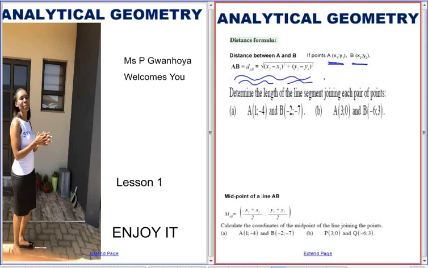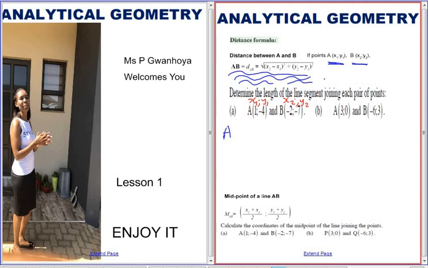So really what you have to be able to do is to see your x1 and y1 and your x2 and y2. So for this particular first example, just so we can see if you remember these things, we're going to call these our 1s, and these ones we're going to call them our 2s. Okay, so I'm going to just substitute into this formula here.